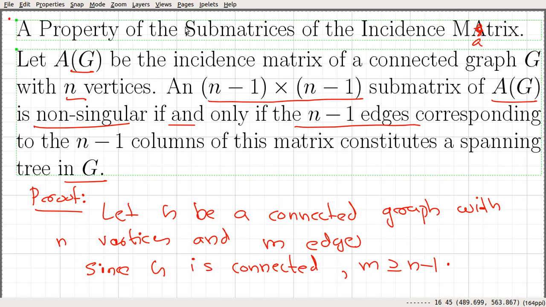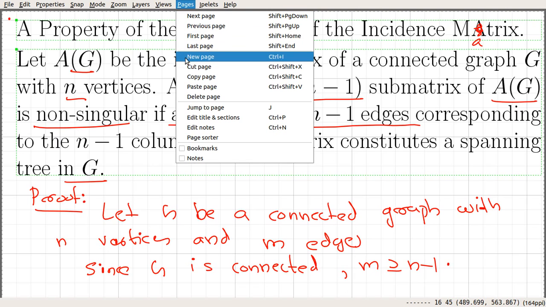So let's look at the incidence matrix of this graph G and see what is going to happen.